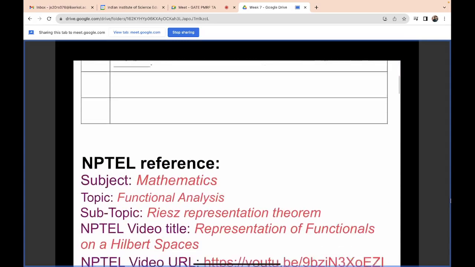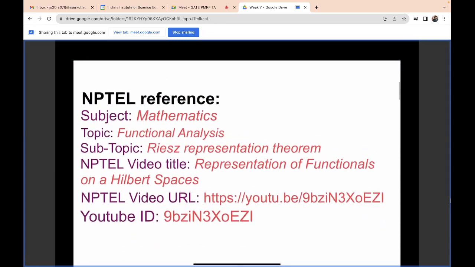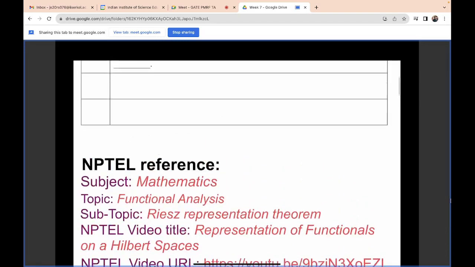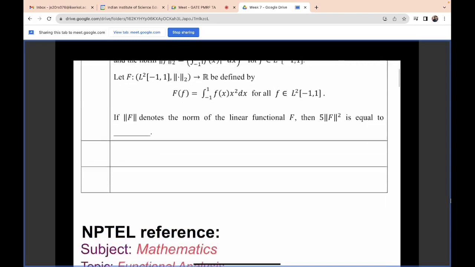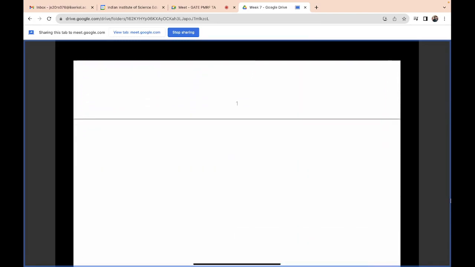Okay, so this is the NPTEL reference. You can look at it in order to solve this. We will use the Riesz representation theorem basically to solve this problem. So what is this saying? Riesz representation theorem.